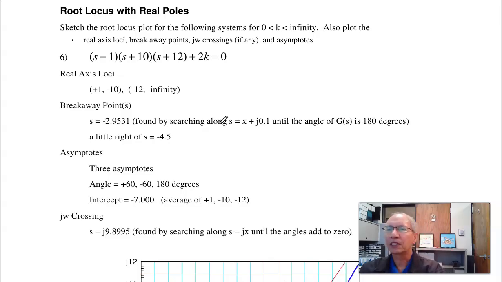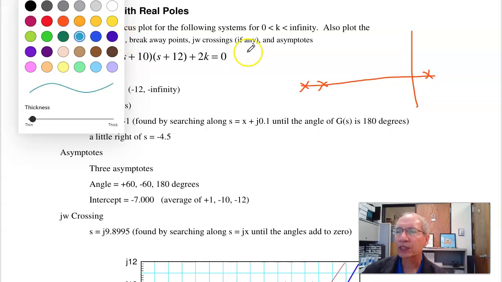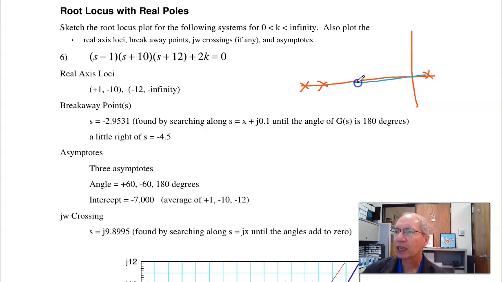Problem 6 is sketch the root locus with real poles. So I would start out with poles at plus 1, minus 10, minus 12. I'll have real axis loci when there is an odd number of poles and zeros to the right. So here this is even, odd, odd.